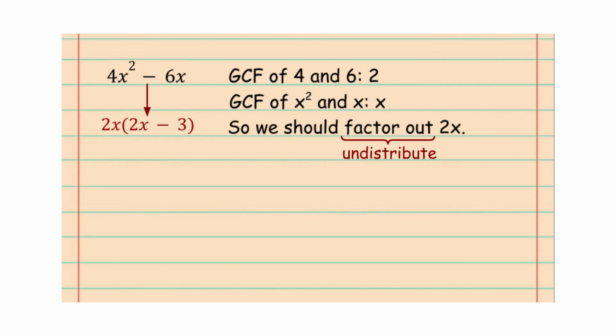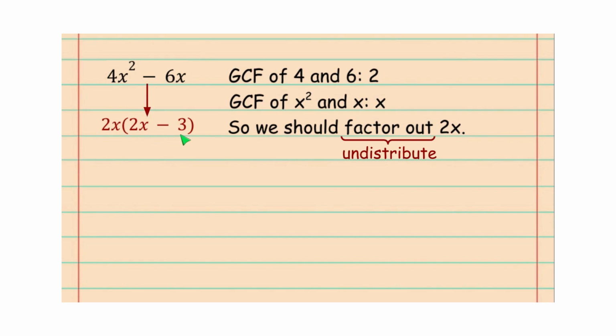Now, how do I know what should be left inside the parentheses? Well, consider this. I know I'm factoring out or undistributing a 2x, so I need to consider what should go here such that 2x times that would get me my original 4x squared. That, of course, is 2x, as you can see.